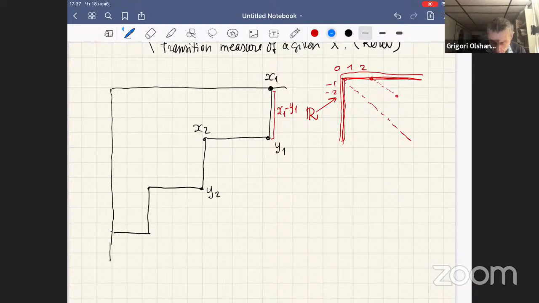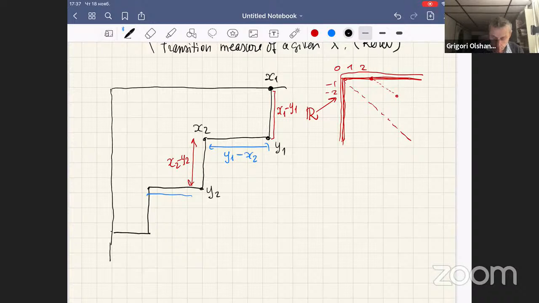So this length, blue, is this one, and this length, red, is this, and so on. And the boxes which can be added just correspond to the x points.